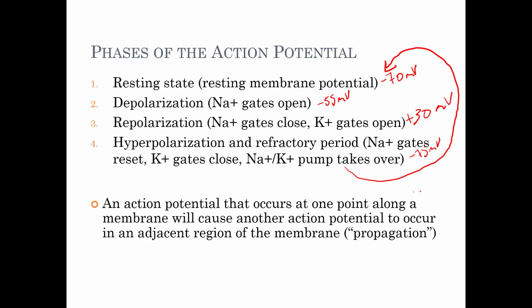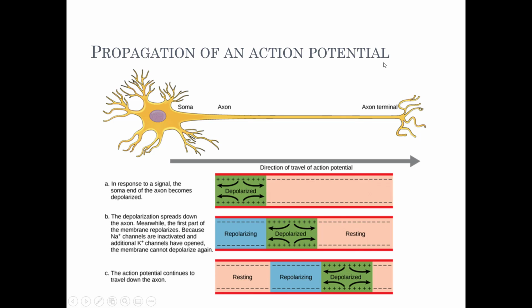Okay, so what we're going to talk about next is the propagation of the action potential. And this is the fact that an action potential at one point on the membrane will cause an action potential to occur at an adjacent region of the membrane. This is called the propagation of the action potential. So this is what happens. Basically, we have depolarization that occurs at a single point on the axon membrane.